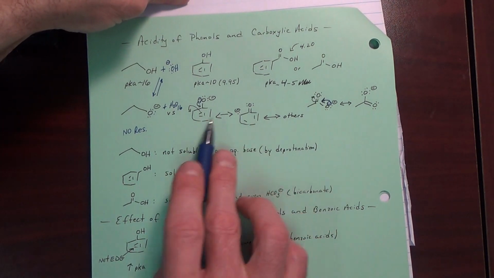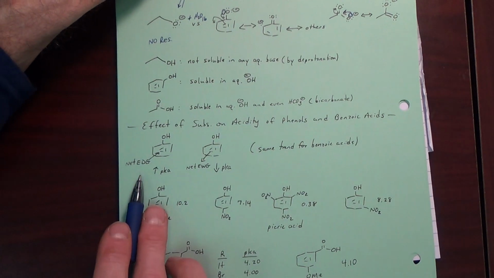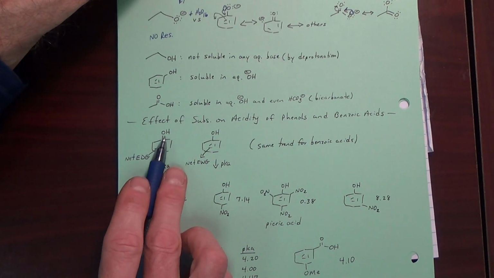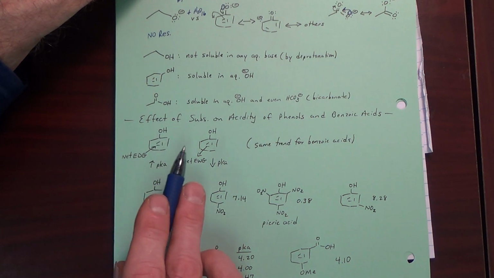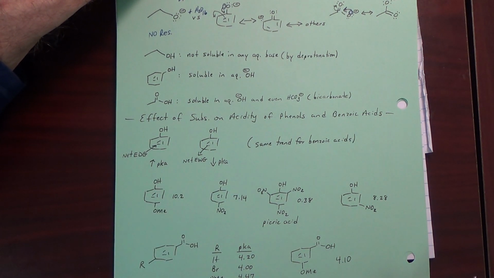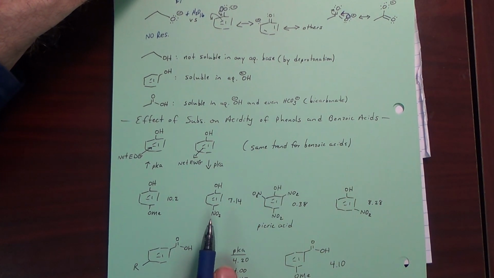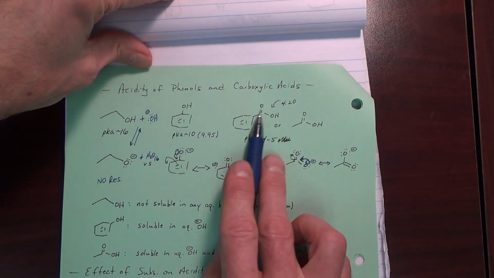If you have an anion but you have a donating group, that does not stabilize the anion, it destabilizes it. It makes the phenol less willing to become the anion. It makes the phenol less acidic. This is the same trend for benzoic acids. Okay?